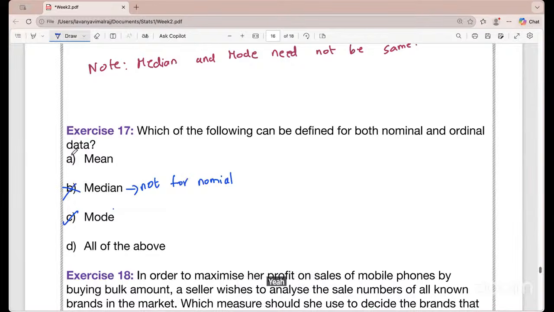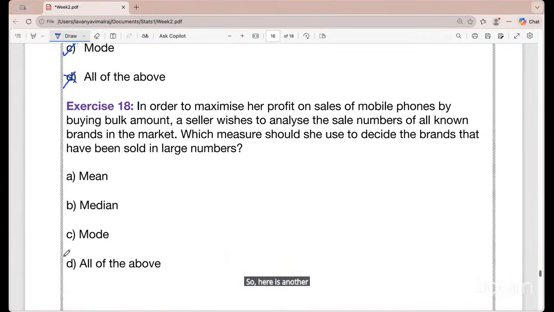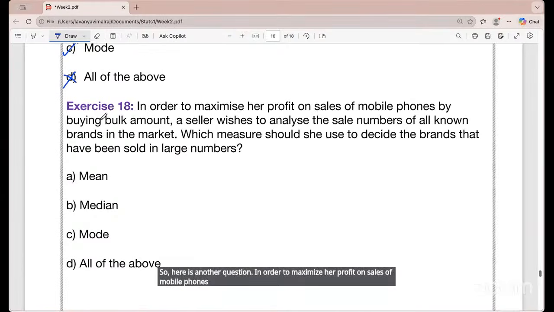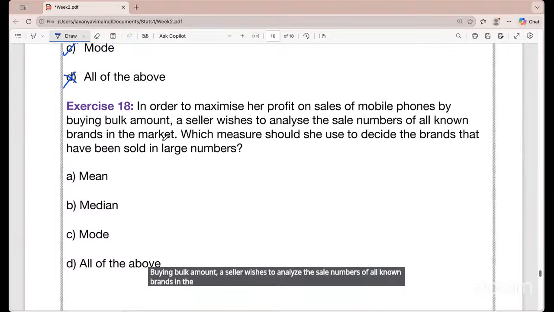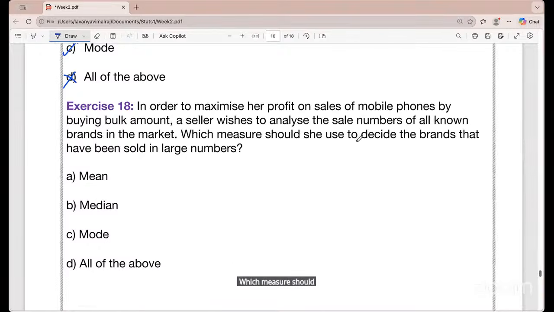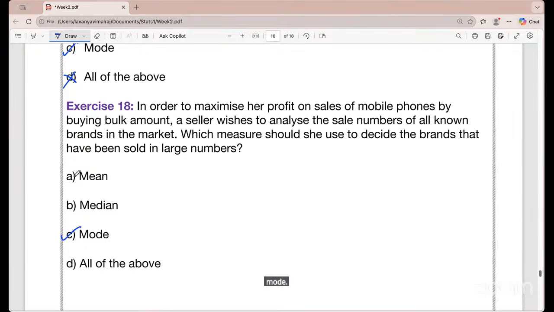Here is another question. In order to maximize her profit on sales of mobile phones by buying in bulk, a seller wishes to analyze the sale numbers of all known brands in the market. Which measure should she use to decide the brands that have been sold in large numbers? Mode, ma'am.